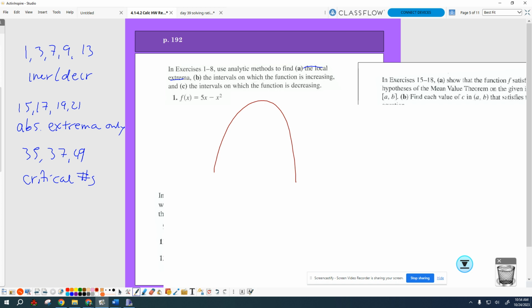It looks like x equals negative 5/2 is where it's going to be. Okay, let's check. We made so many mistakes today, it's just not even funny. So we need to find where it's increasing and decreasing. The derivative is zero, so do the derivative.